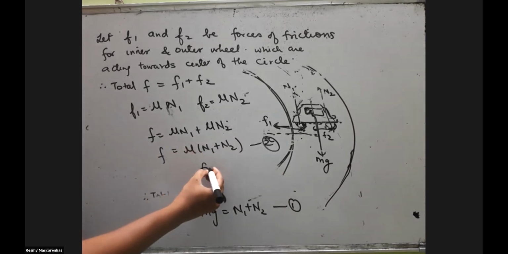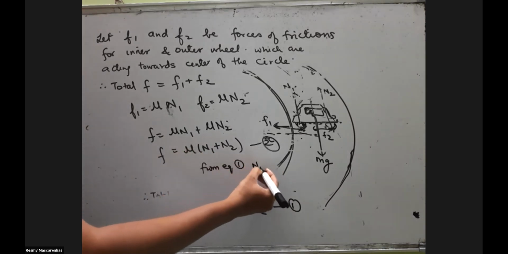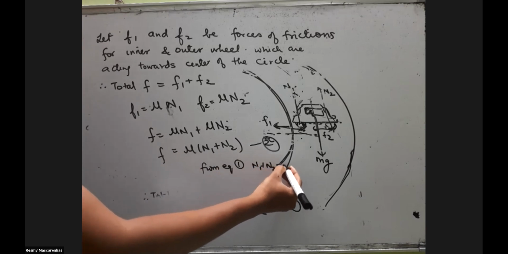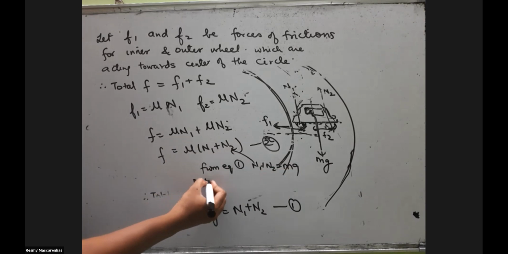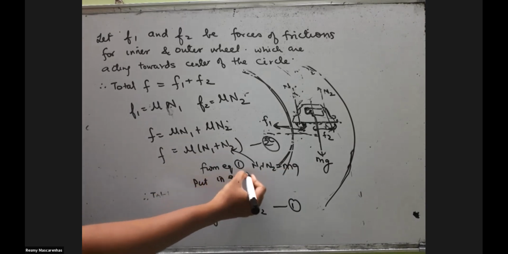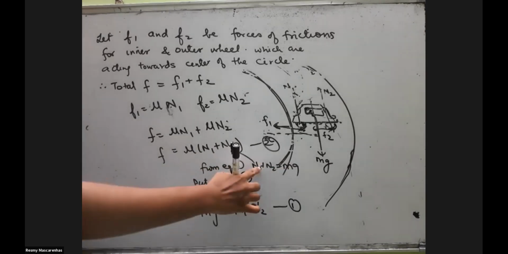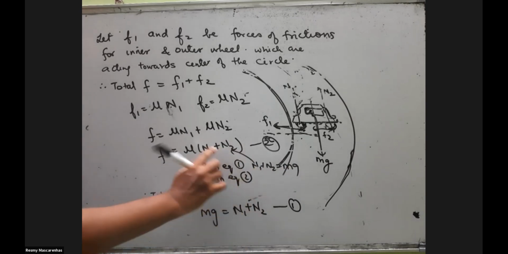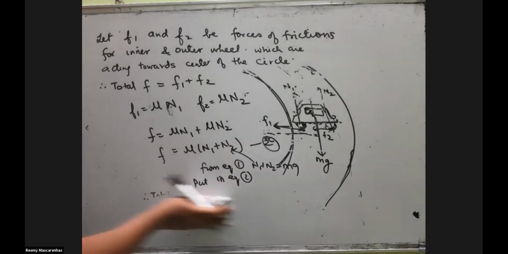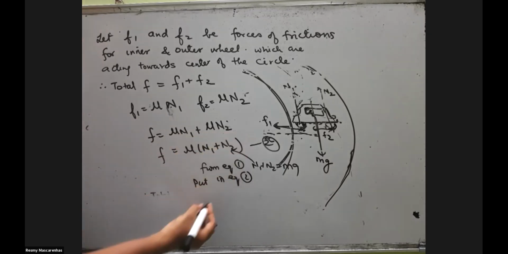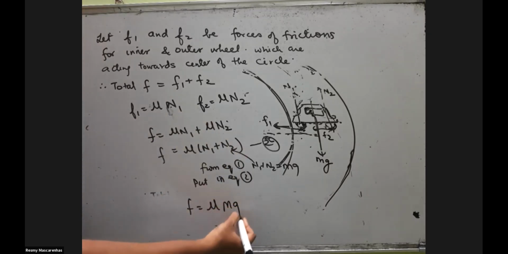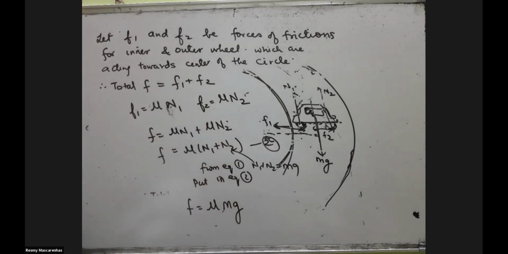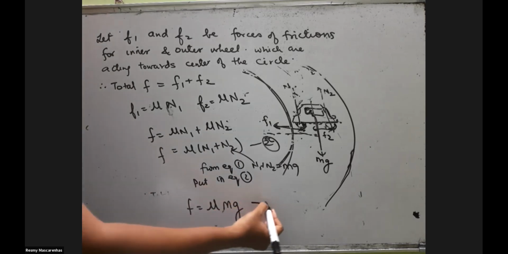From equation 1, we know that N1 plus N2 is equal to mg. So put it here. Put the value of N1 plus N2 from equation 1 in equation 2. So instead of N1 plus N2, what will come? Mu into mg. So write this as equation 3.